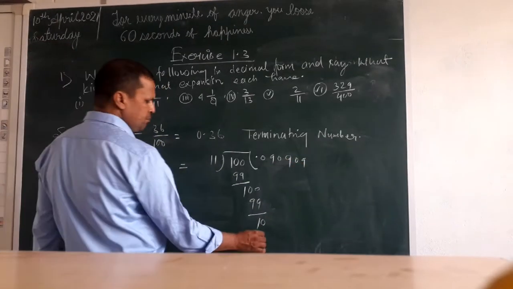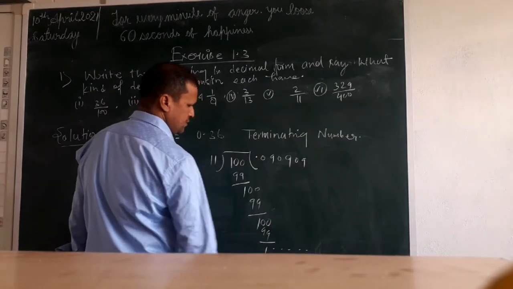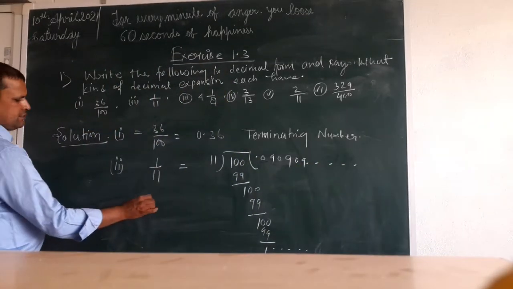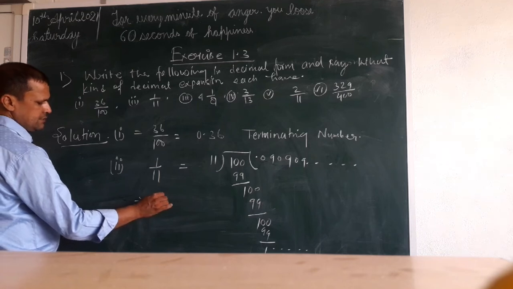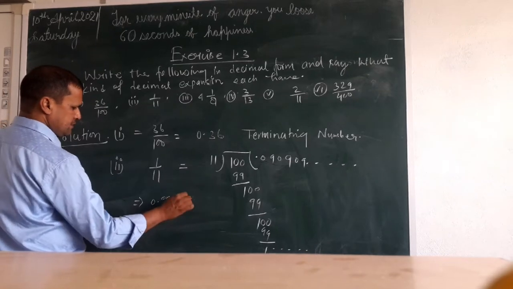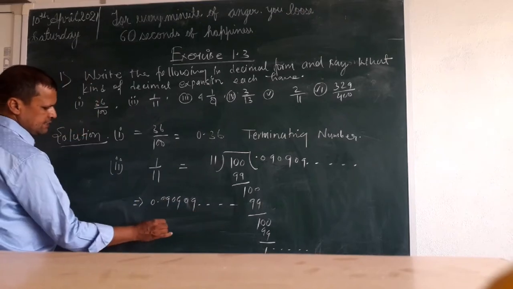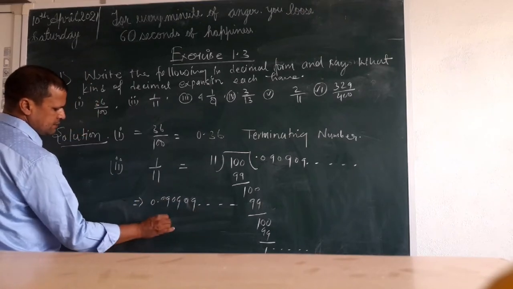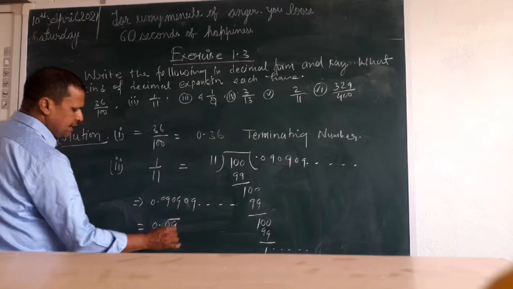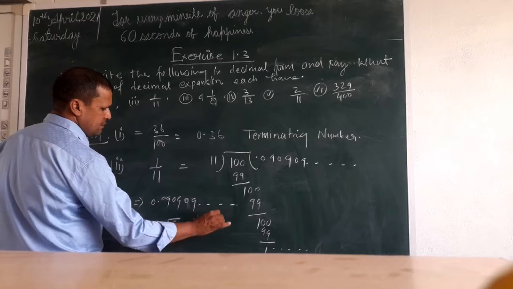The same process is repeated. So the value of this one is 0.090909 and so on, which can be written as 0.09 with a bar, and this is a non-terminating recurring number.